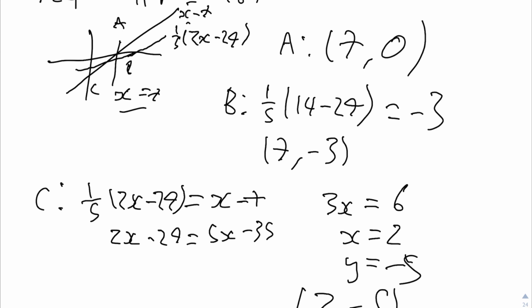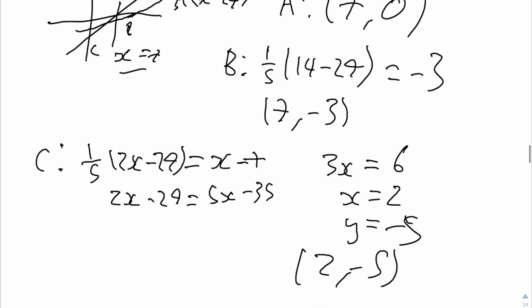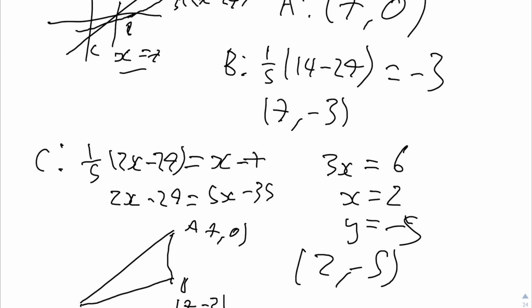So now, to find the area of the triangle, I'm going to draw it out a bit. So this is A, B, C. So C is (2, minus 5), B is (7, minus 3), and A is (7, 0).